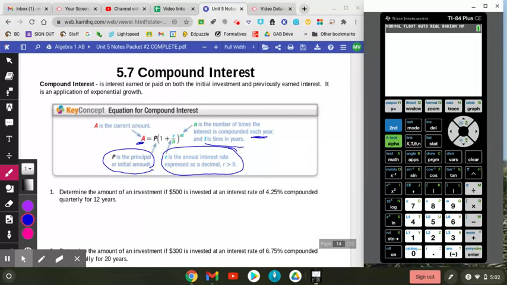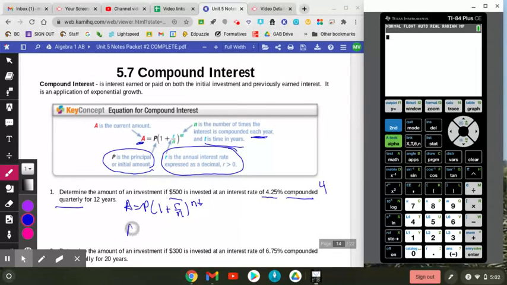So to determine the amount of investment, if 500 is invested at an interest rate of 4.25% compounded quarterly. So quarterly means 4 times a year. So we're going to start off with our equation. A equals P(1 plus R over N) to the NT.